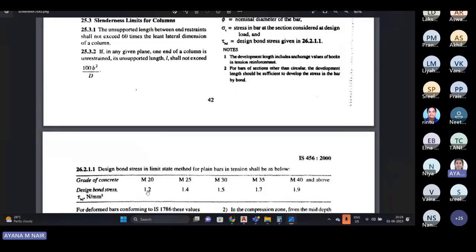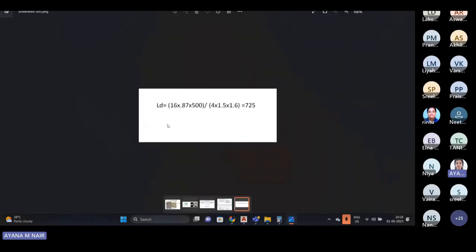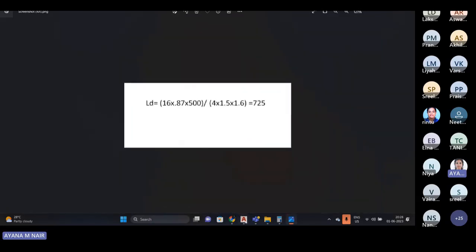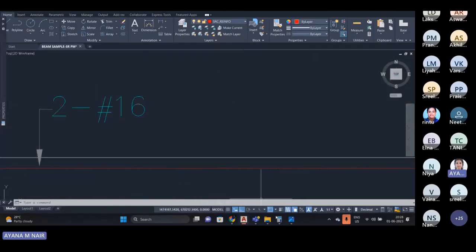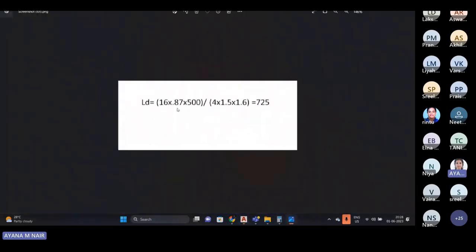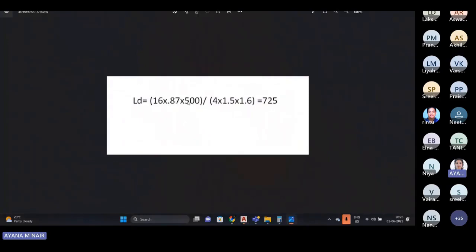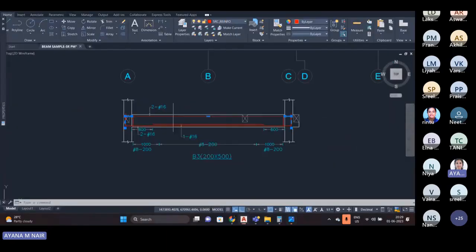So the design bond strength tau bd will be 1.5 Newton per mm square. The bar diameter is 16 mm. Sigma s is 0.87 Fy, where Fy is the yield stress of the grade of steel provided. Here the steel grade is 500. So by solving the equation, we get Ld as 725. So the Ld should be provided as 725.